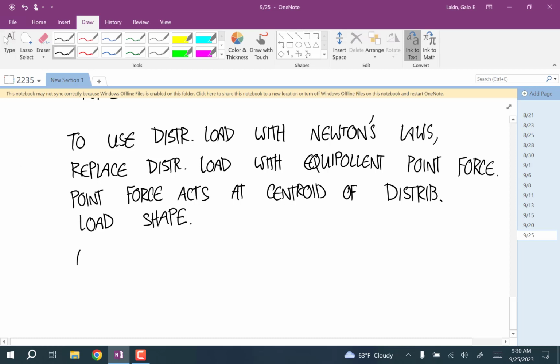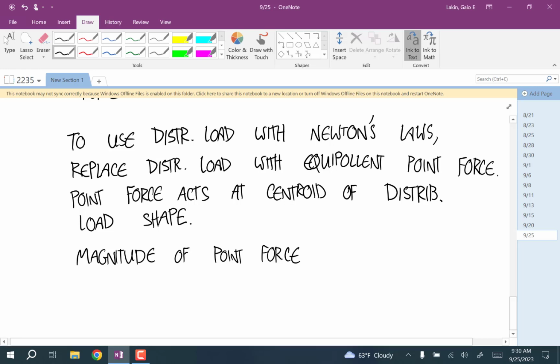Okay, the magnitude of that point force, well, I gave you that integral relationship, and integrals over a distance give you an area.